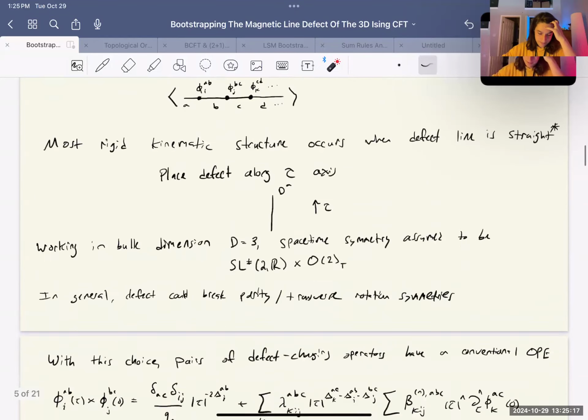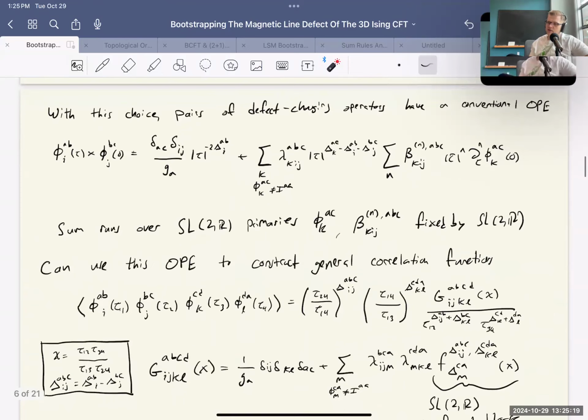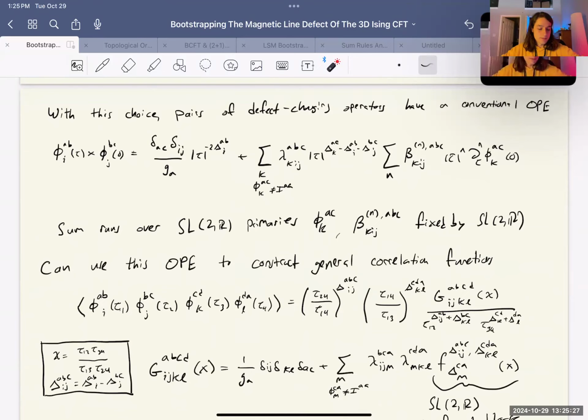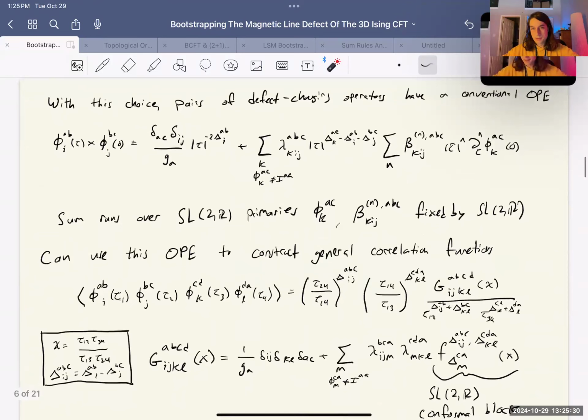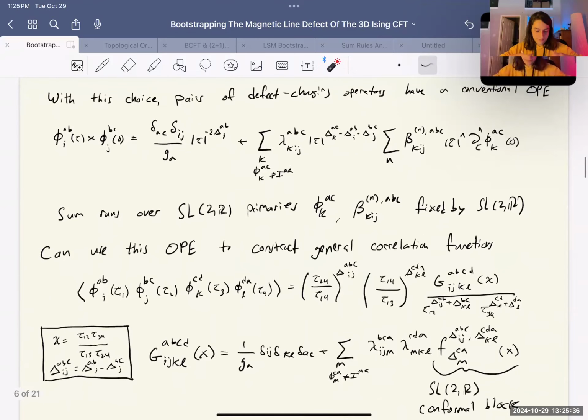So I was going to say, how would you even look for such a thing? Well, the bootstrap equations that you set up, the ones that you can write down for the Z2 breaking defect, are pretty similar to the parity breaking defect, you could say.